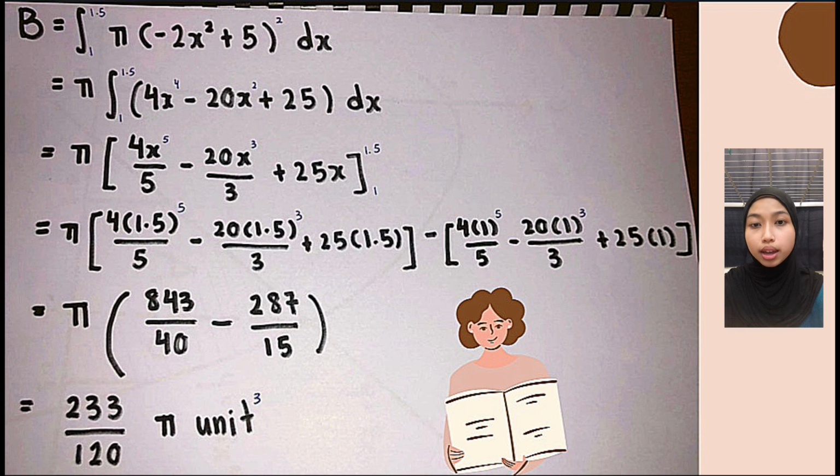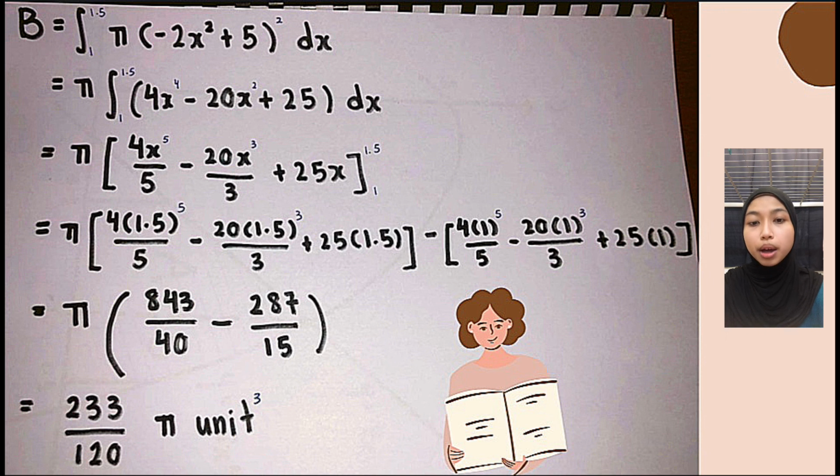1.5 and 1 into x, then it will be pi bracket 4 times 1.5 to the power of 5 over 5 minus 20 times 1.5 cubed over 3 plus 25 times 1.5 bracket, minus bracket 4 times 1 to the power of 5 over 5 minus 20 times 1 cubed over 3 plus 25 times 1 bracket.